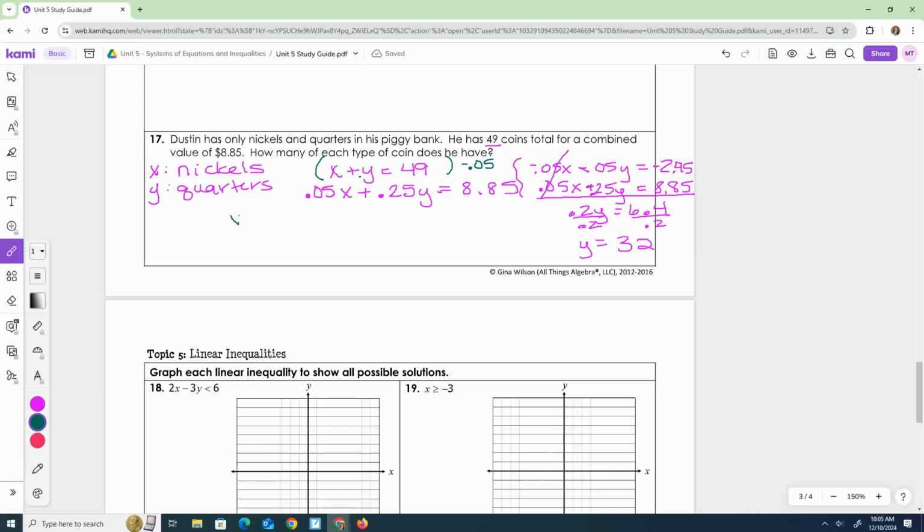So the first equation, x plus y, which is 32, equals 49. Subtract 32. So x is 17. And at the end of these, I did ask you to write what it means. So 17 nickels and 32 quarters.